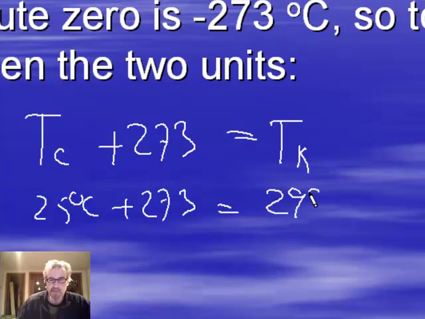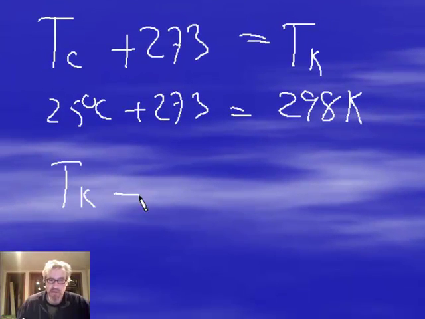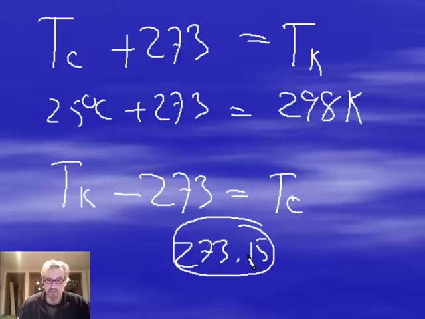That tells me that my temperature is 298 kelvins. And it's not called degrees Kelvin, it's just called kelvins. If I had to go the other way, my temperature in Kelvin minus 273 would give me my temperature in Celsius. The actual number here isn't 273, it's actually 273.15, but most of the time 273 is going to give us enough significant figures for what we're doing.